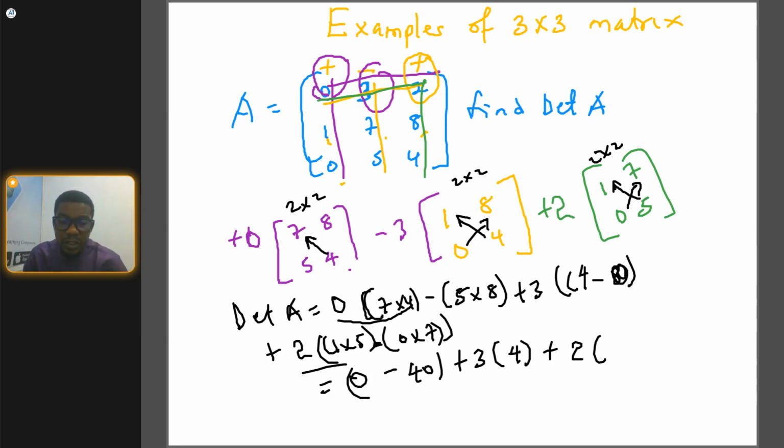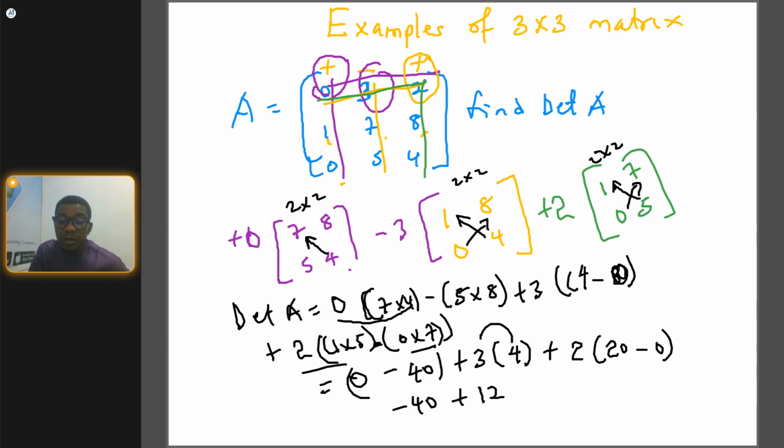So plus 2 in bracket, we need to multiply 4 times 5. That should give me 20 minus 7 times 0. That is 0. Close the bracket. We have minus 40. That is taking away 40 from 0 is minus 40 plus multiplying 3 and 4.